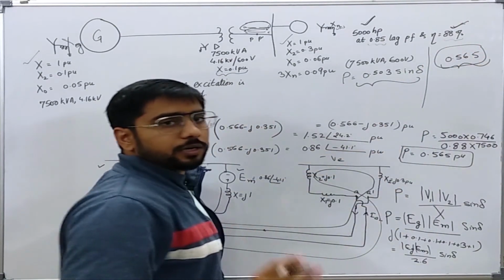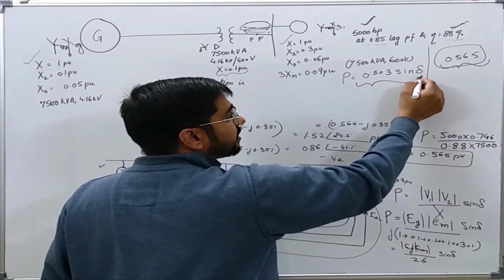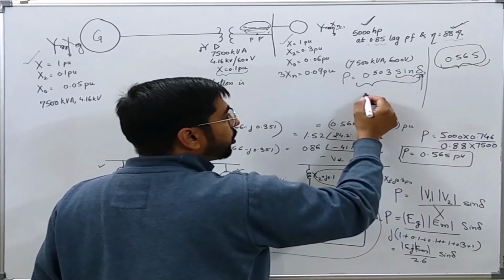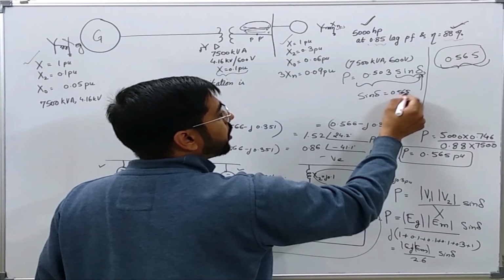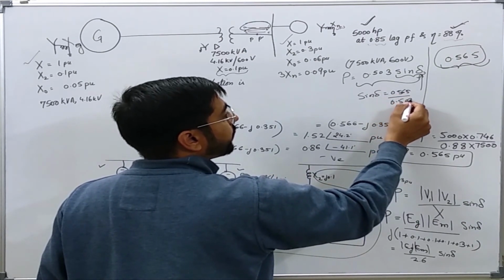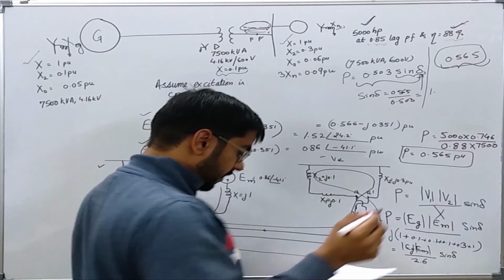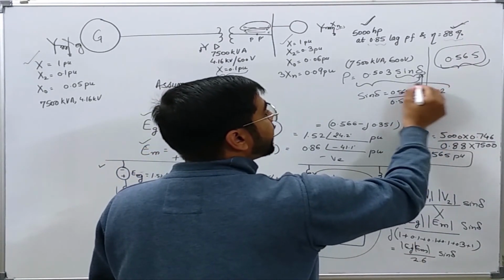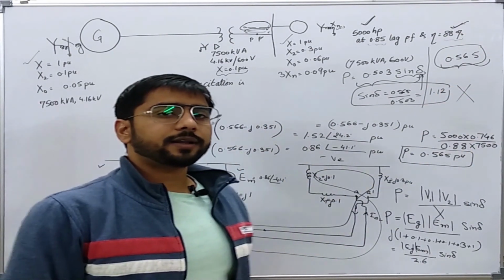because for this much power to be delivered to the motor, this sine delta should be equal to 0.565 over 0.503, and it is equal to 1.12. That is, it is greater than 1, which is not possible. Sine delta cannot be greater than 1.